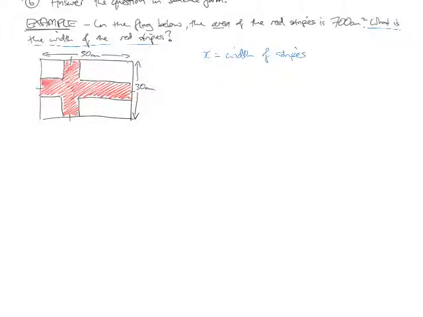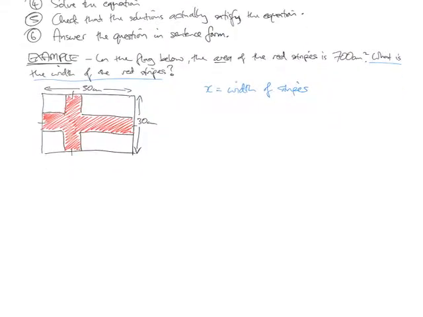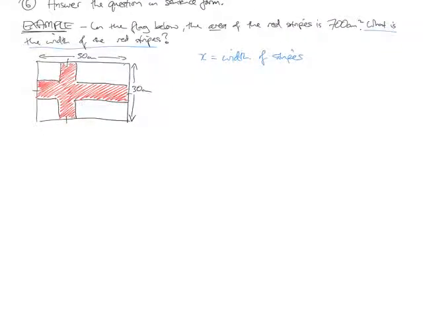Now we need to formulate the equation, because that is step 3. So we need to work out what we do know. Known: area of red stripes. So we need to work out a way to link the known quantity 700 with the unknowns.